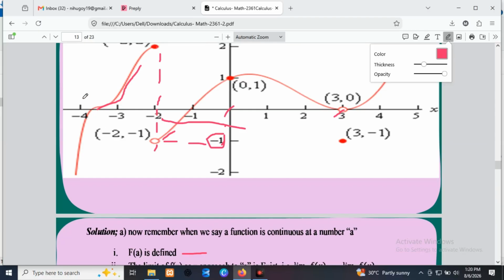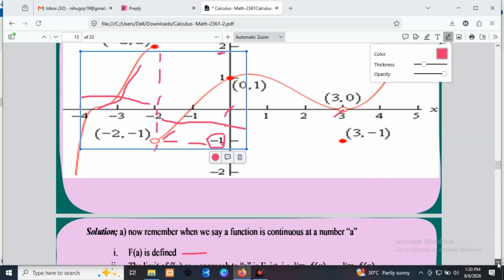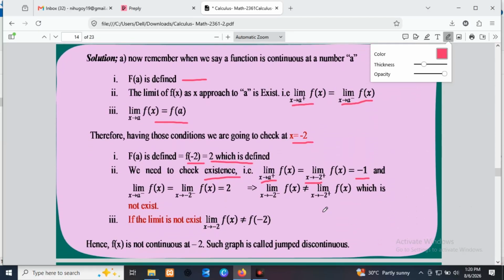When it approaches from the left to -2, the value is 2. So it has different values, and at that time we say the limit does not exist. The limit from the right is -1, and the limit from the left is 2, so the limit does not exist.